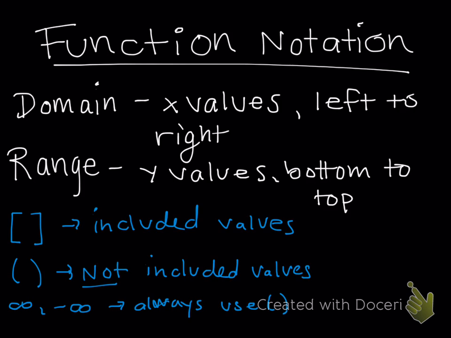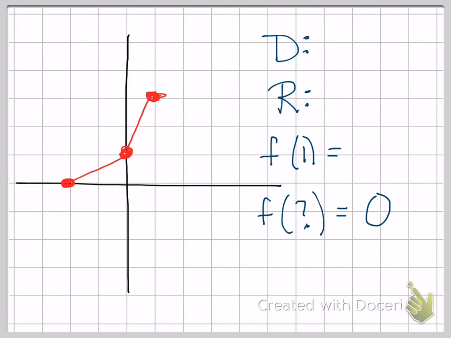So we're just going to try a few examples, just getting the hang of writing the domain and range using our function notation. So here is our first picture. Again, I recommend you taking a moment and pausing the video so that you can draw this picture. And to recall from last year, domain always went left to right. So I work from the farthest left and then I work my way to the right. And I want to determine what kind of x values are hit in the picture.